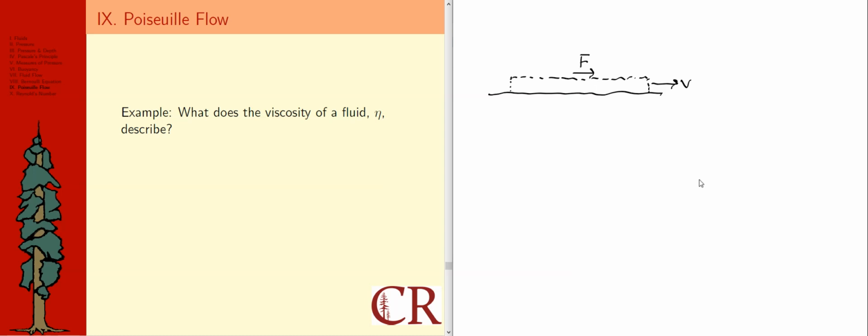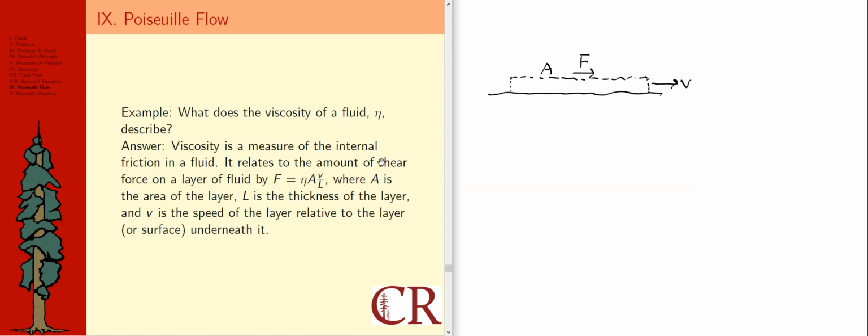If I describe my layer as having an area A and maybe a thickness, I'm not sure what variable to use, and I'm going to cheat a little bit here, because I don't know if you've ever been in that moment where you forget a physics formula. It happens to me once in a while, but fortunately I've got an answer here in my slide.